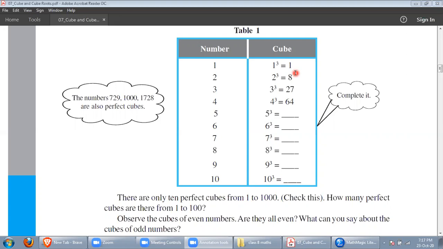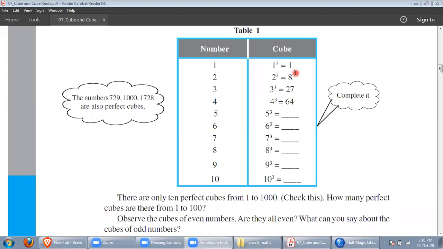When all are minus, the answer will be minus, because cube means we are multiplying the number 3 times. So if it is minus, minus into minus will give you plus, and then the plus and the last minus will give you a minus sign in the answer. Example, minus 3 into minus 3 into minus 3 will be minus 27. But 3 into 3 into 3 will be plus 27.